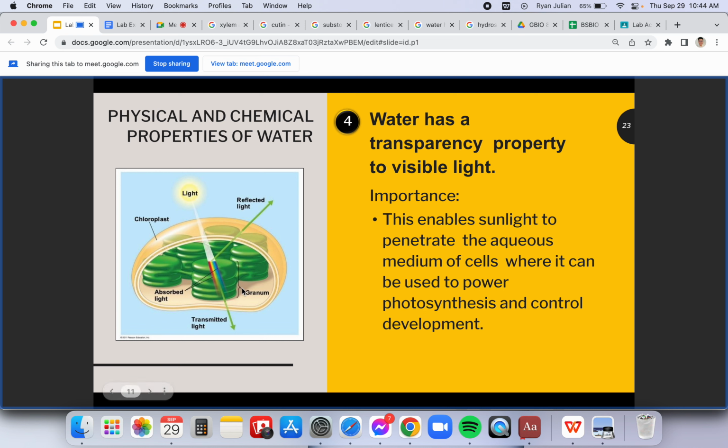And the granum is a structure composed of stacked up thylakoids. Eventually, it will become transmitted light, and after quite some time, it will be reflected light that is visible to the naked eyes of humans.